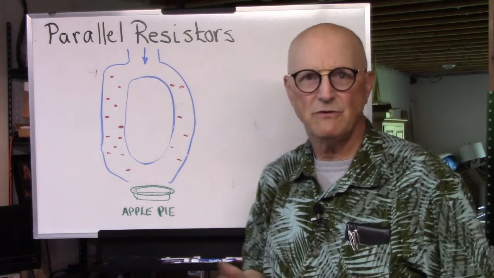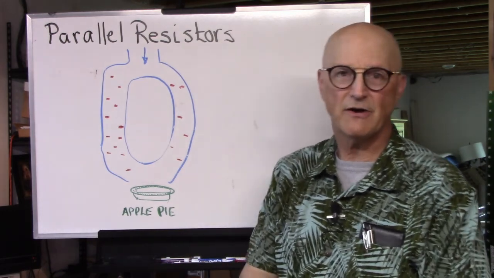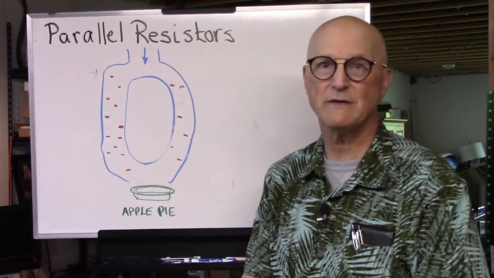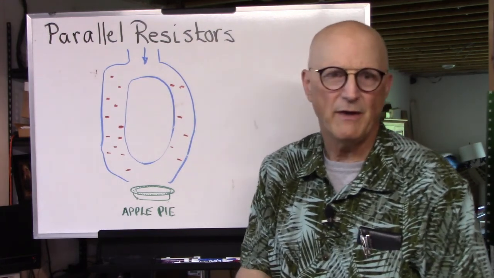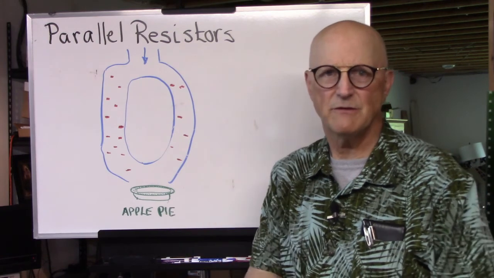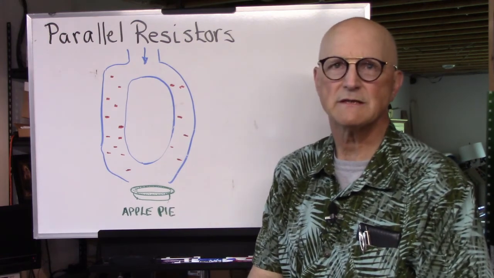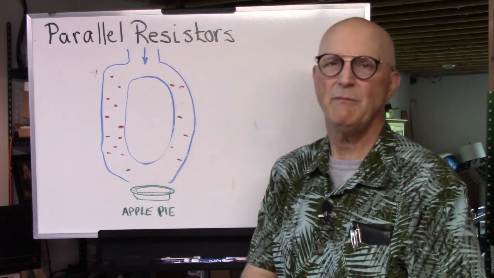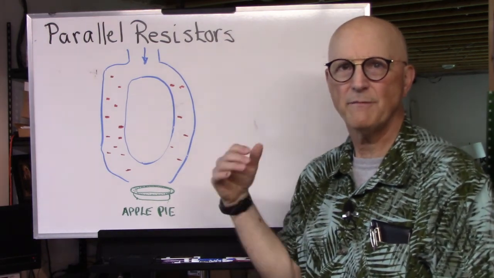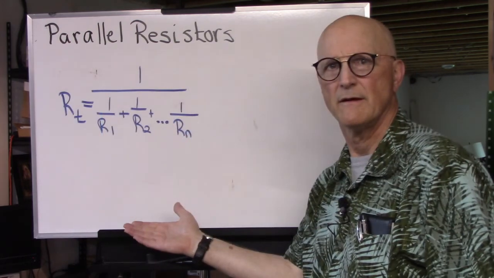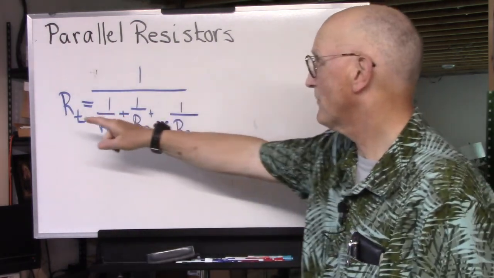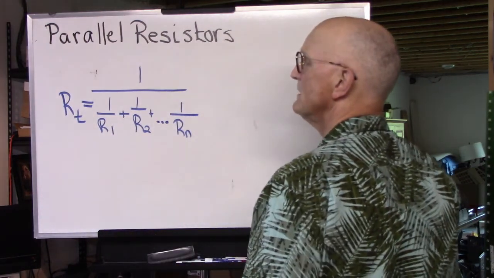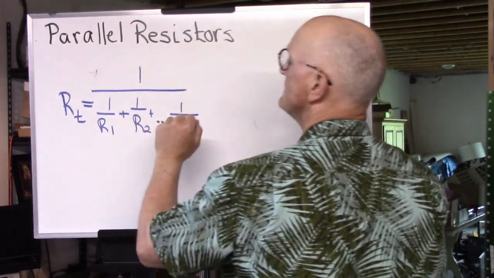The same is true for our friends, the electrons, trying to get from one place to another through a network of parallel resistors. For some n number of resistors in parallel, the total resistance, which I'm going to call R sub t, may be found by this formula. Using this formula, you can calculate the total equivalent resistance.